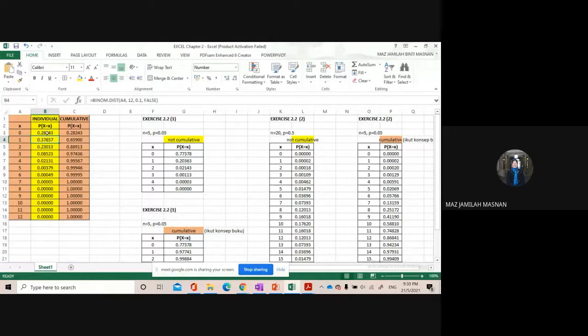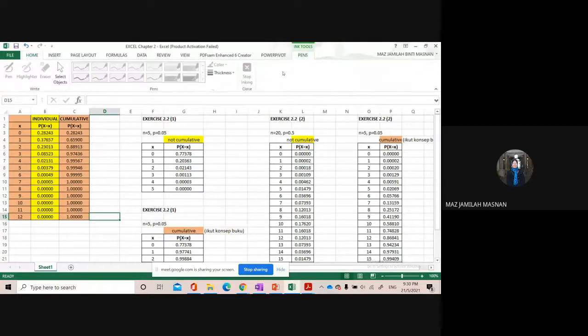Okay, so what happened here, when we have cumulative, this cumulative is the one that we have in our binomial cumulative table. This particular row refers to our table, where this part is P(X ≤ 0). This one is P(X ≤ 1).